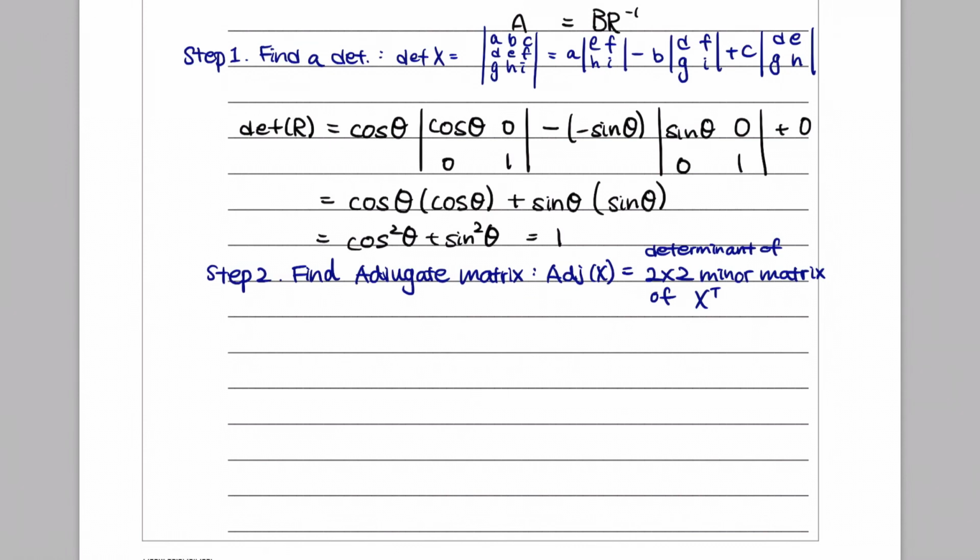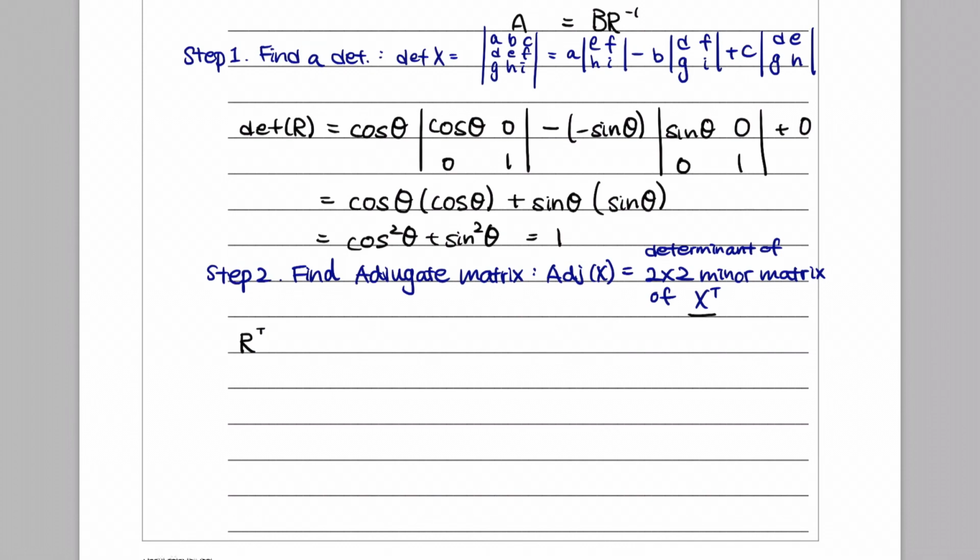So the next step is to find the adjugate matrix. The adjugate matrix is a matrix of all 2 by 2 minor matrix determinants of the transpose of the matrix. So let's go step by step. First, we have to find the transpose of the matrix. Transpose is switching your rows and columns. So the first row becomes the first column.